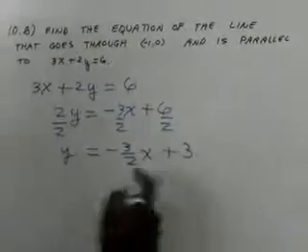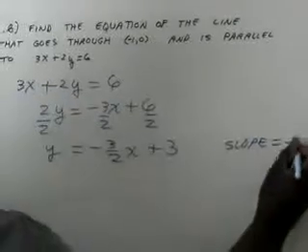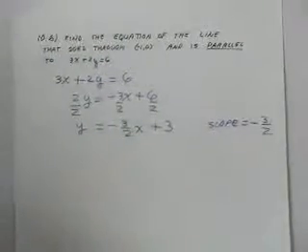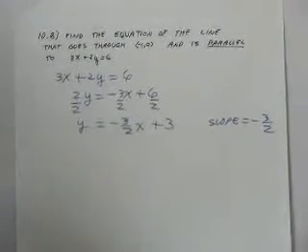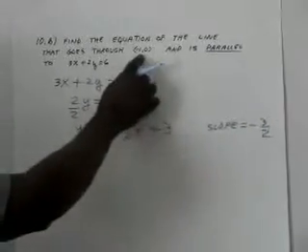So the slope of this line is negative 3/2. Now we're looking for a line that's parallel to it. Parallel lines have the same slope. This is our slope. Here's our given point.